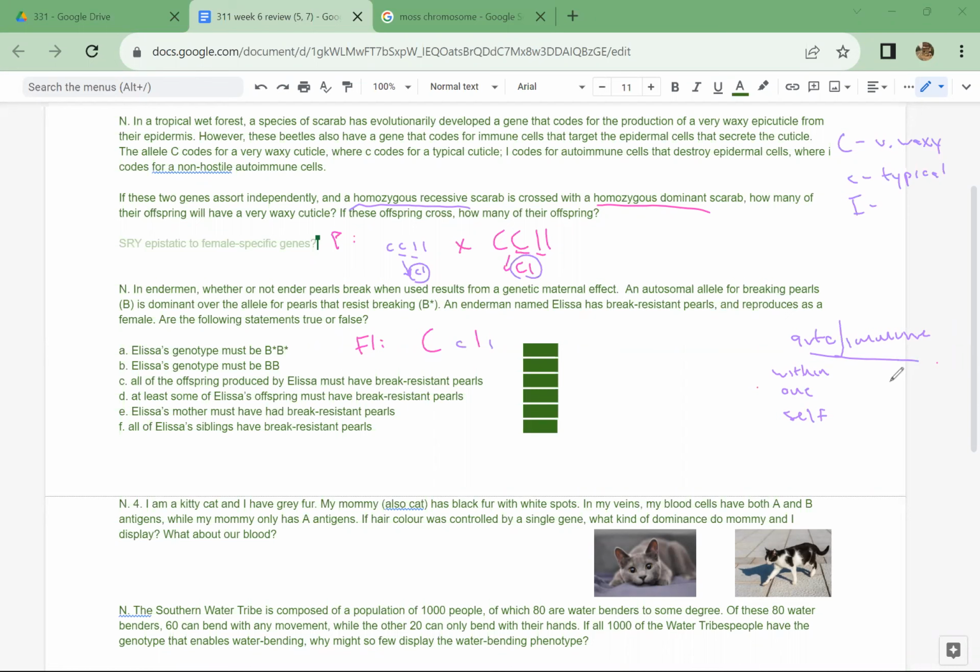And obviously, we know immunity has to do with destroying foreign objects and maintaining a healthy environment within your own body. You know what immunity is. And so autoimmunity is immunity that affects your own cells, oneself, like ourselves, our animal cells that make up our body.